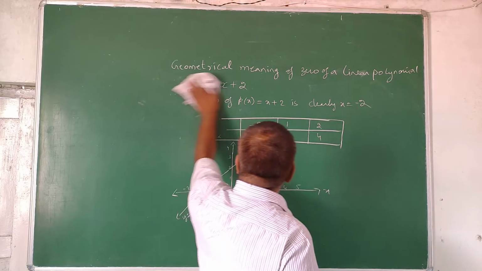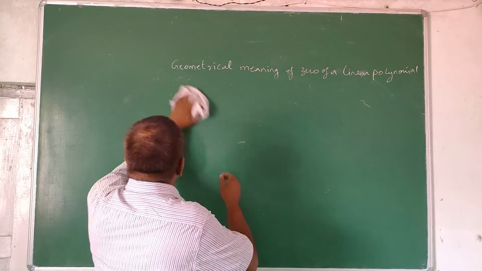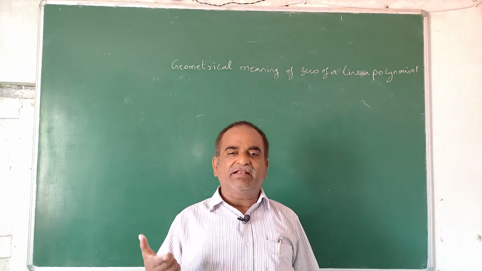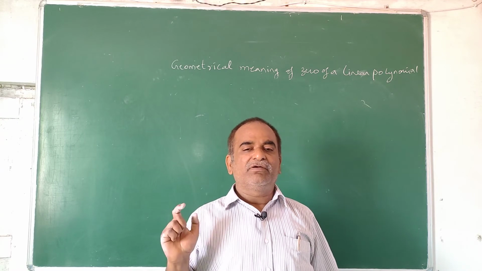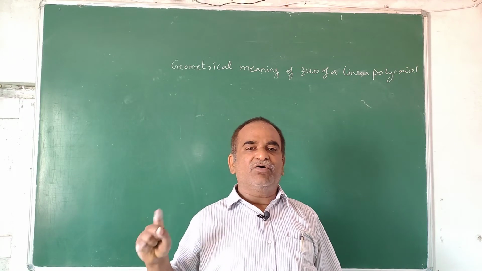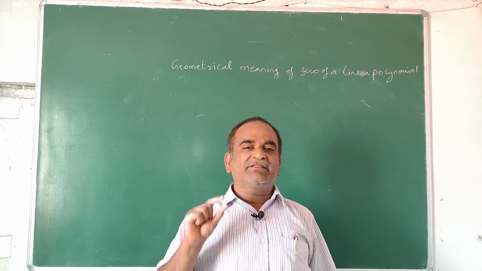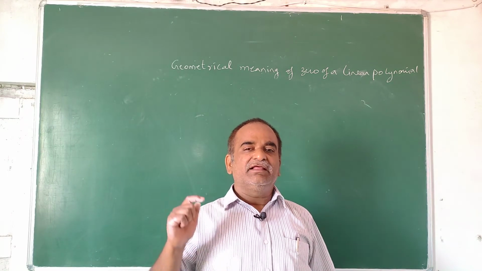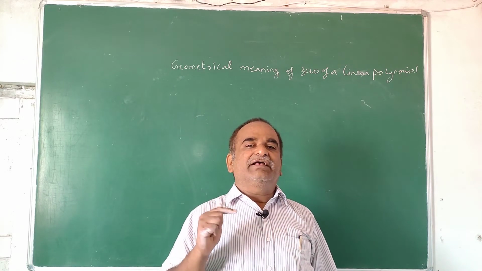Understood? So I am not writing, to save some time, I will just repeat once, you please see here. The geometrical meaning of the zero of a linear polynomial is the abscissa, which means first coordinate, x coordinate, of the point where the line meets the x-axis.